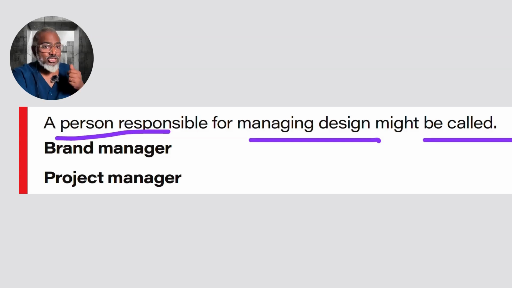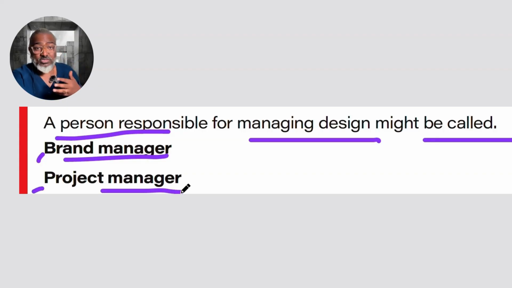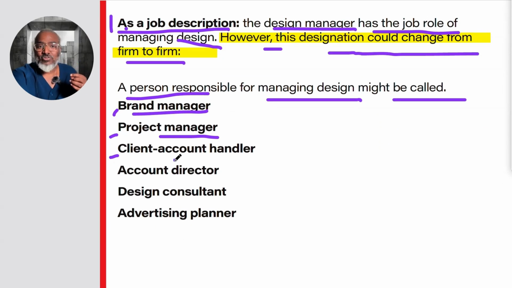A design manager is called by different names. For example, brand manager in advertising, and product manager, generally used in a software, car, or home appliance company. Client account handler in an advertising agency.